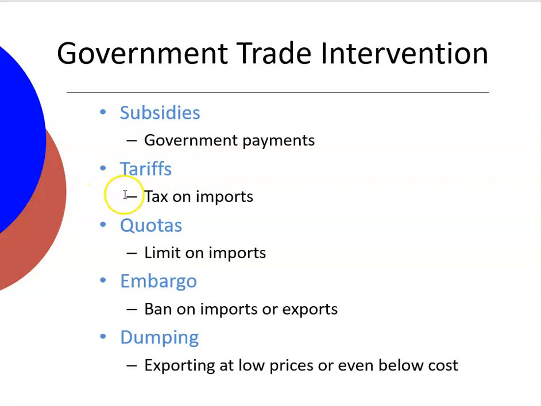Tariffs are a tax on imports. Why do we do tariffs? Well, tariffs are typically done to protect a business inside the country. So if we put a tariff on Japanese cars, we're trying to help the car business in the United States, because they'll say, oh, geez, now these Japanese cars are so expensive, maybe I should buy American cars.